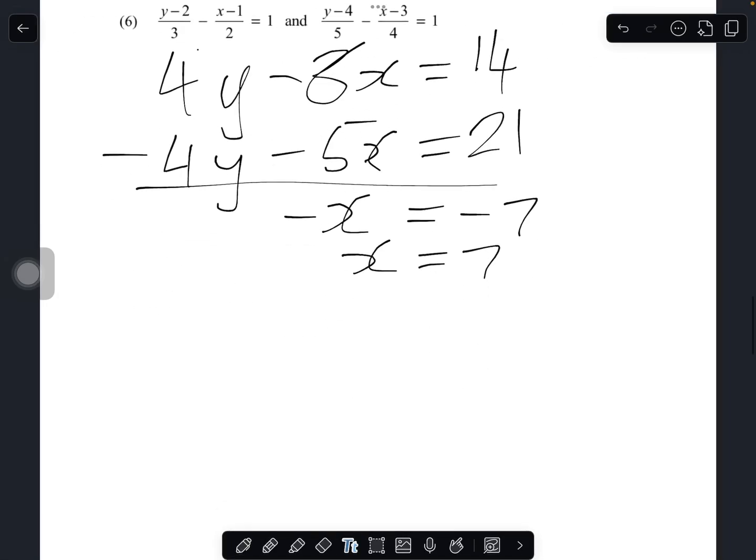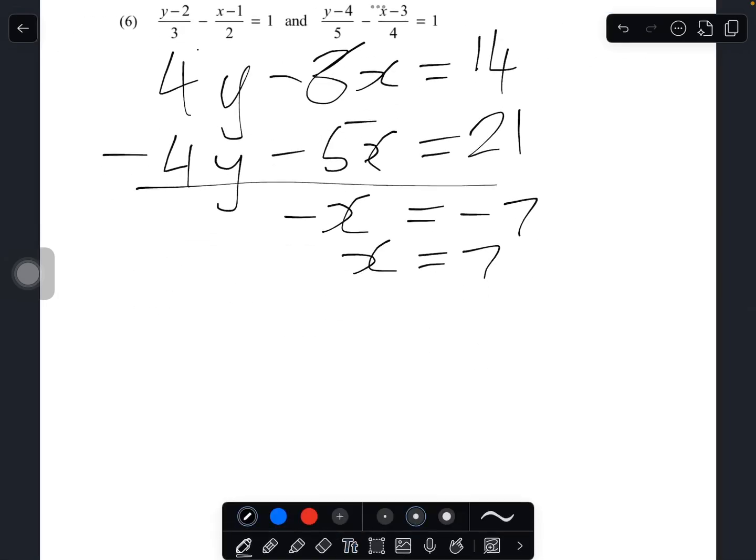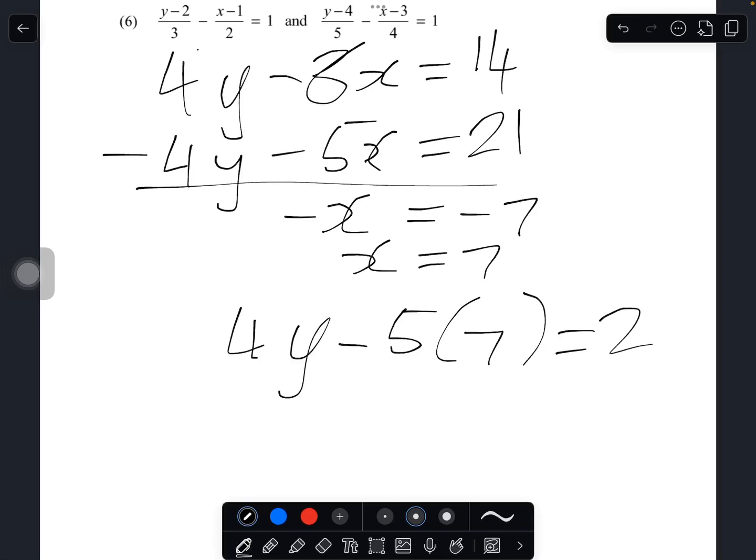We can then substitute this into one of the equations now that we know that x equals 7. Okay, so I'll have 4y minus 5 into 7 equals 21.